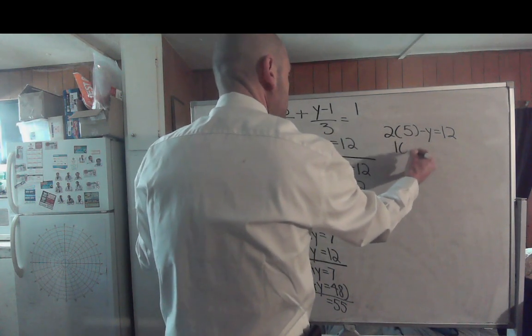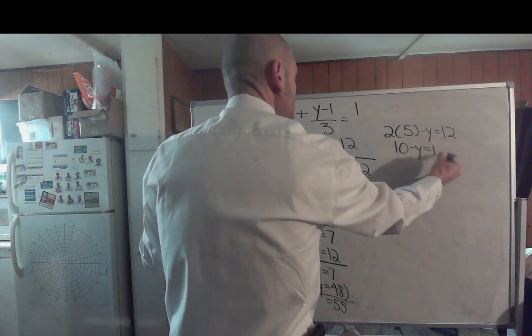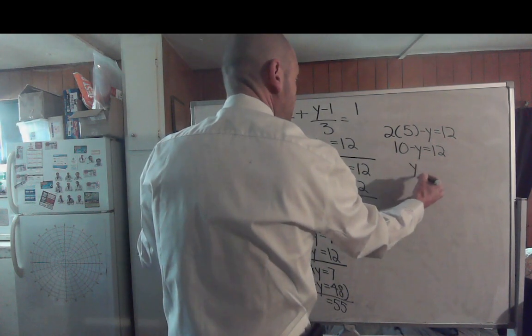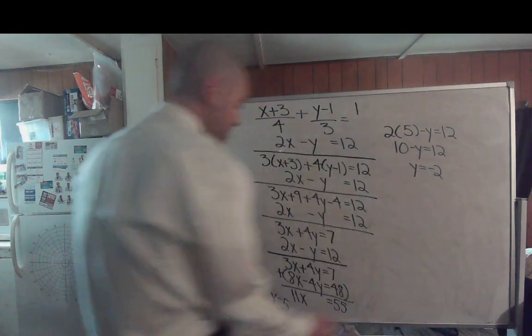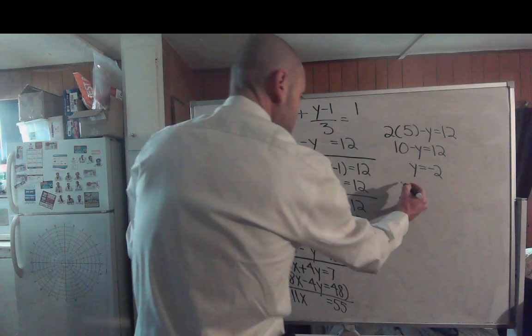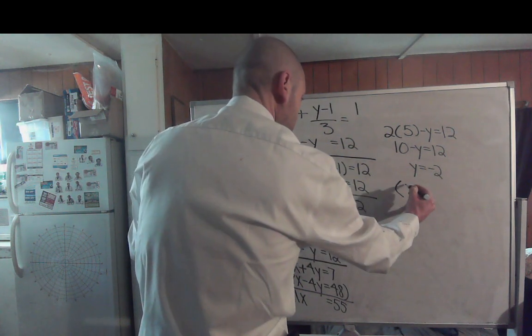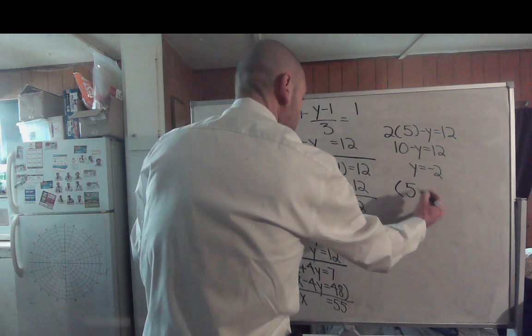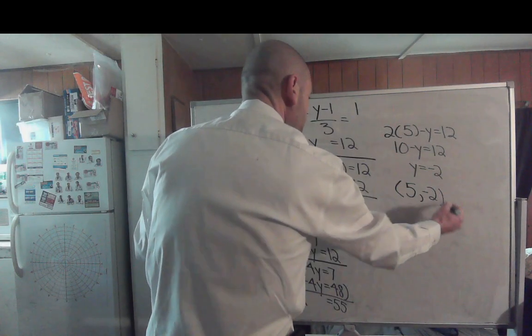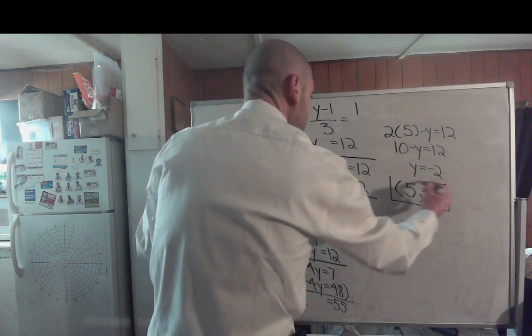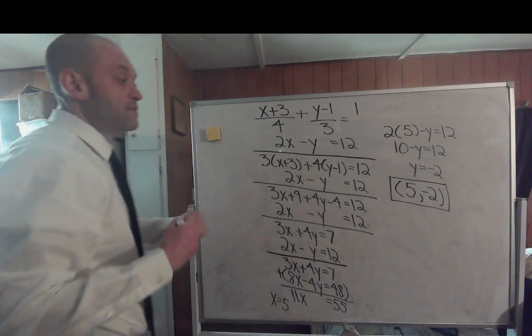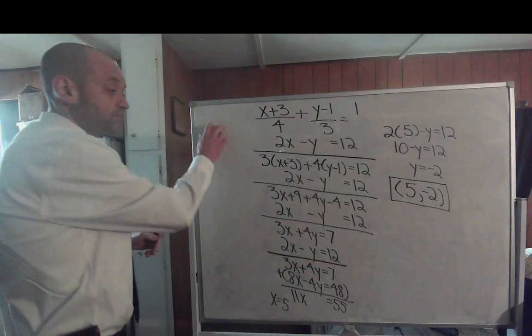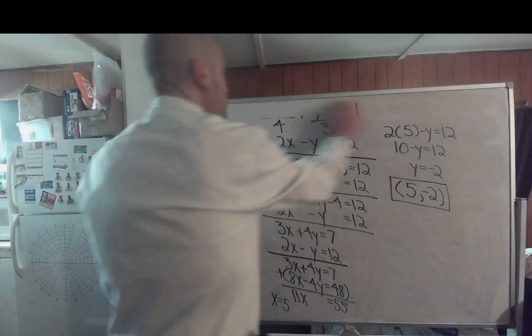So that means 10 minus y equals 12. So y would have to equal negative 2. So this system intersects at the point (5, negative 2). So these two lines intersect at the point (5, negative 2). And I got more like this.